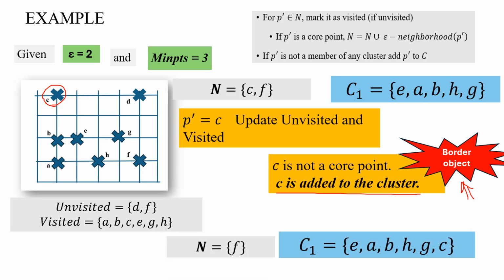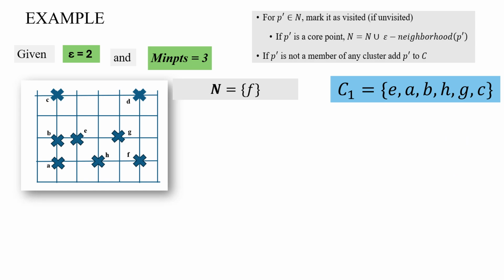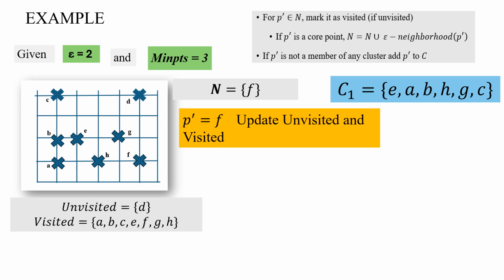So our N becomes only one element F, and our set is now EABHGC. Being a border point, it gets included itself, but it cannot bring in more points. So lastly, only F remains to be processed. We update only D is here in the unvisited set.